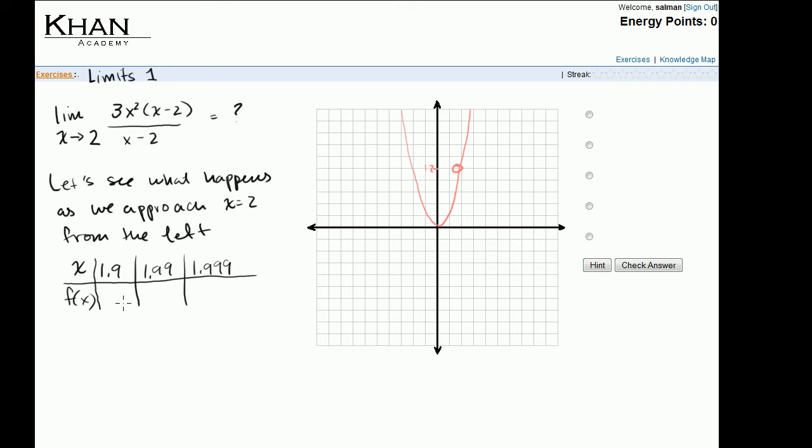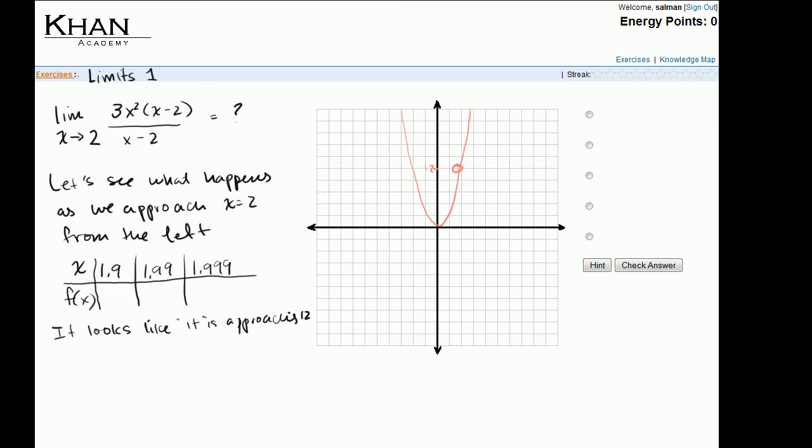I don't have my calculator out, but you would take 1.9, put it here, so it's 3 times 1.9 squared, whatever that's going to be. It's going to be some number less than 12. It's going to be even closer to 12, and even closer to 12. And so it says it looks like it is approaching 12.